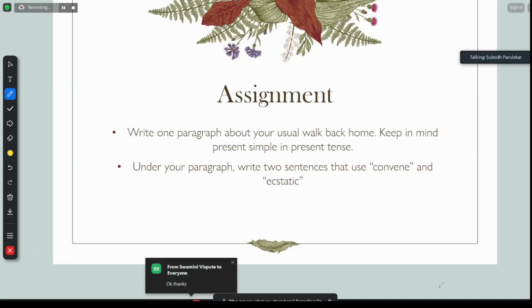Write one paragraph about your usual walk back home. Keep in mind what we learned today, which is present simple in present tense. And under that paragraph, write 2 sentences that use the vocabulary words we learned today.